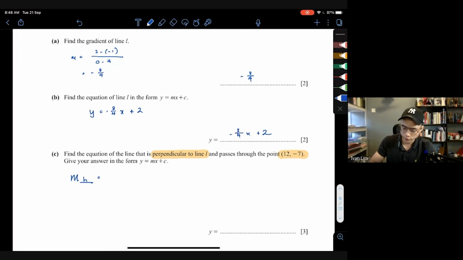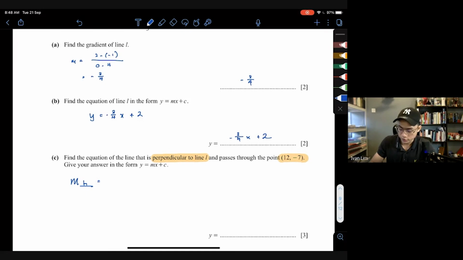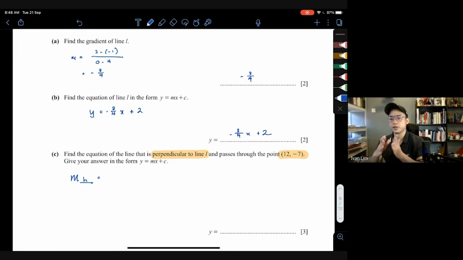Just now we found the gradient of line L is -3 over 4. The shortcut way is your negative becomes positive, positive becomes negative. So -3 over 4 now becomes positive, and numerator and denominator switch position. So 4 over 3. But if you are unsure, just use the formula m1 times m2 equals -1.